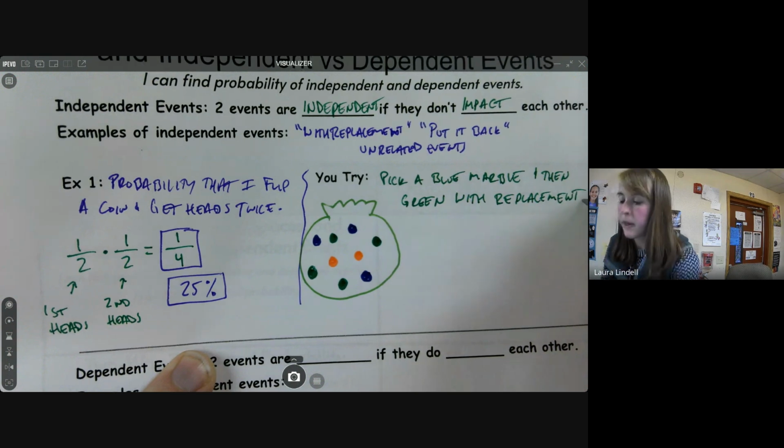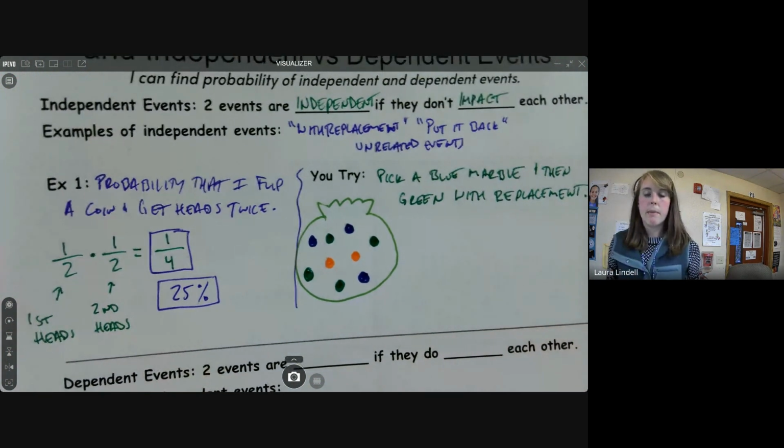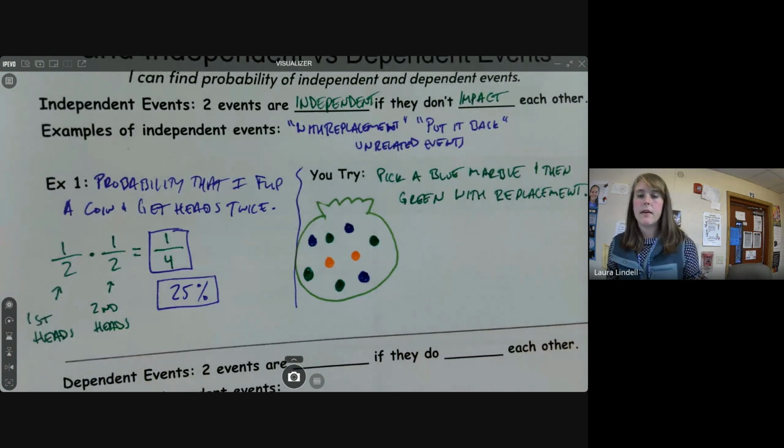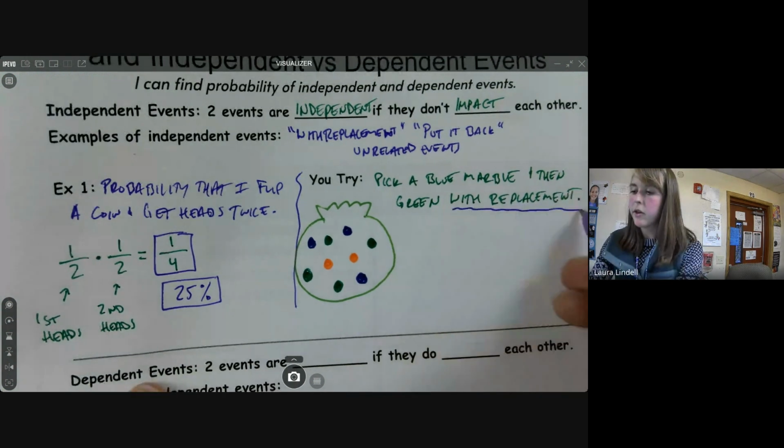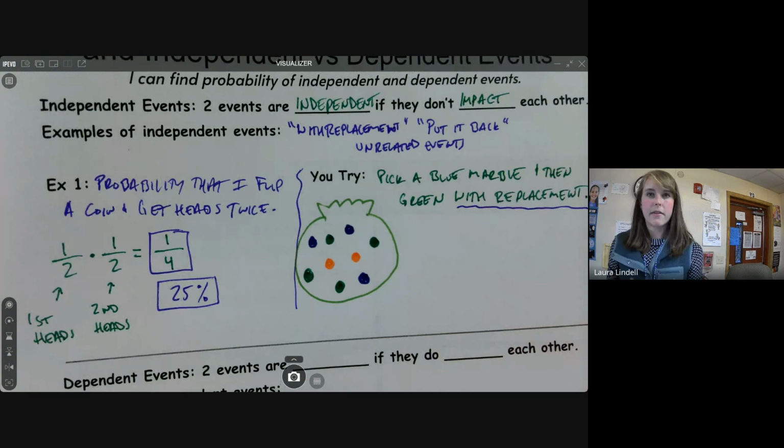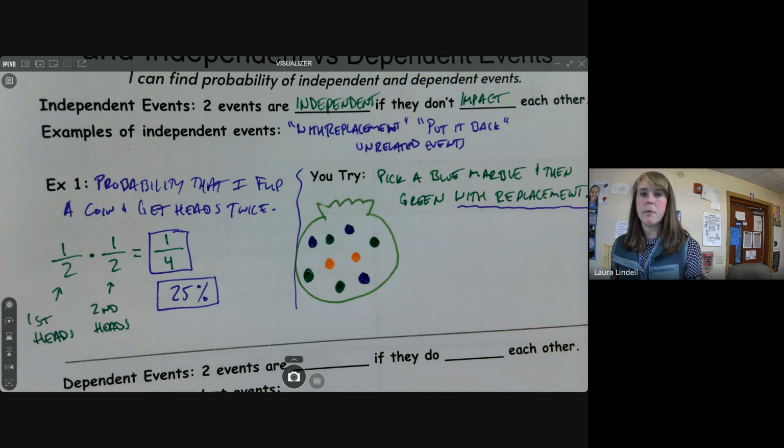Which means that I pick a blue one, I put it back, and then I pick a green one. All right, so those words with replacement should clue us into the fact that this is independent events.